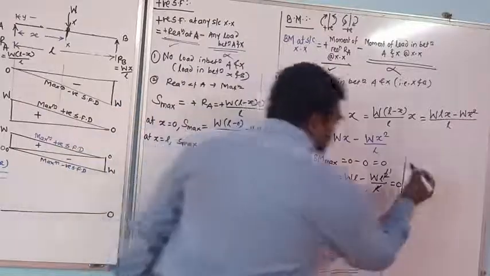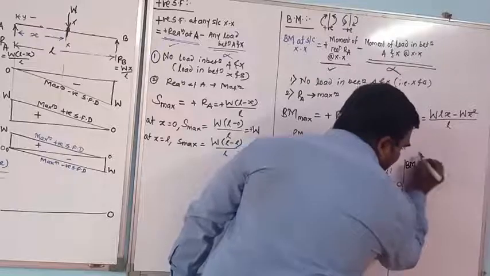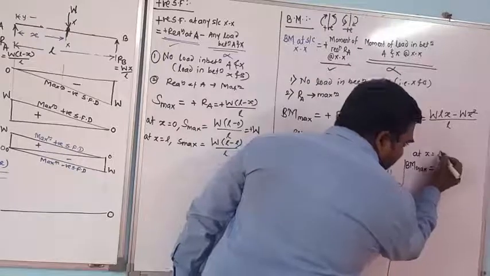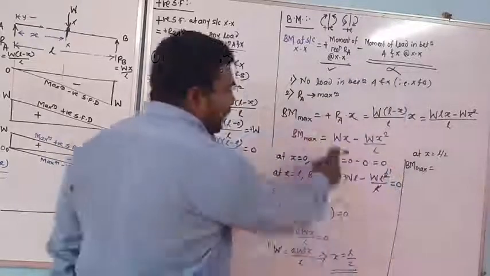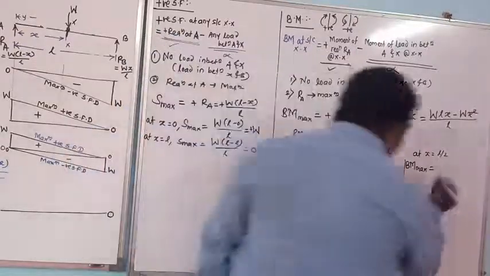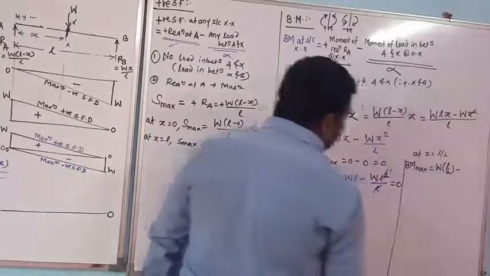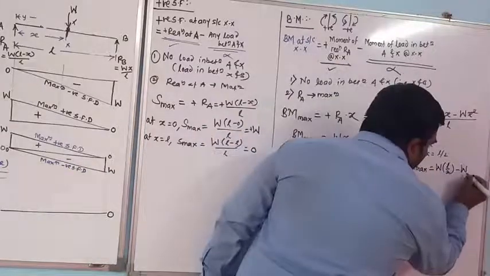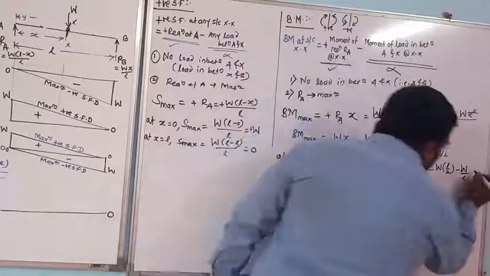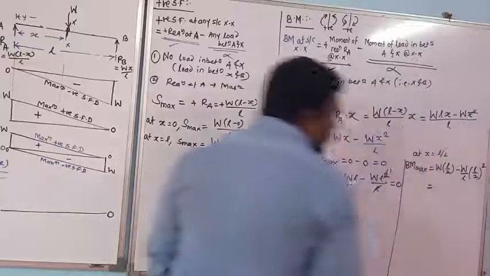So to get the maximum bending moment value, BM max, I will put x equal to L by 2 in this equation. So here it is W into L by 2 minus W divided by L into (L by 2) square.